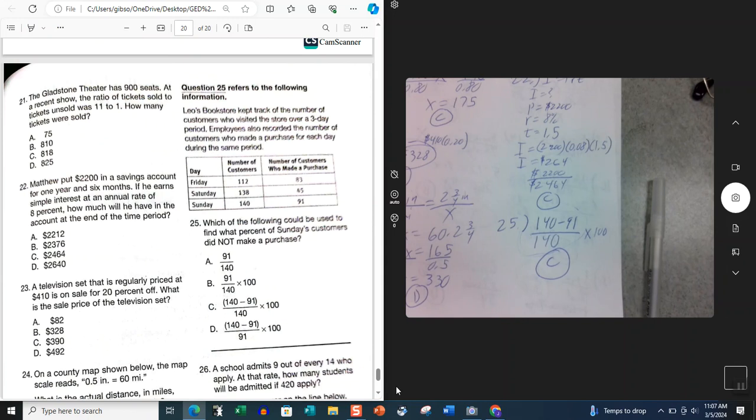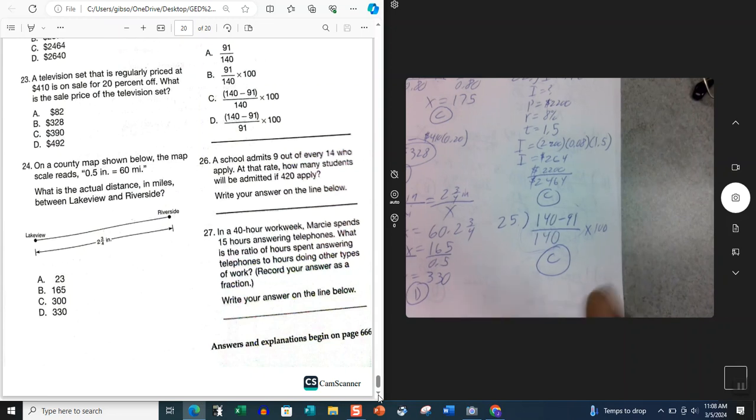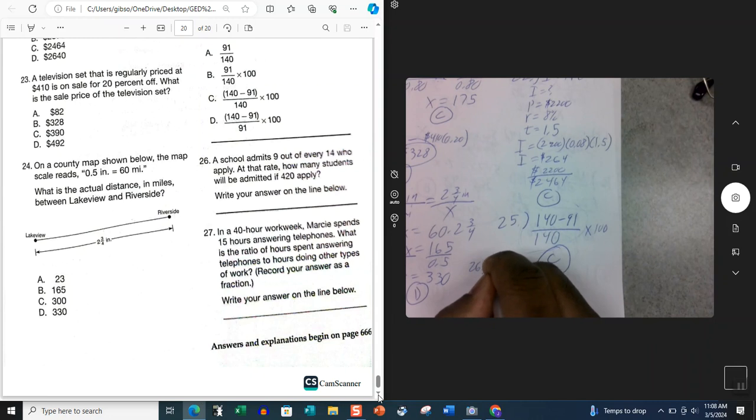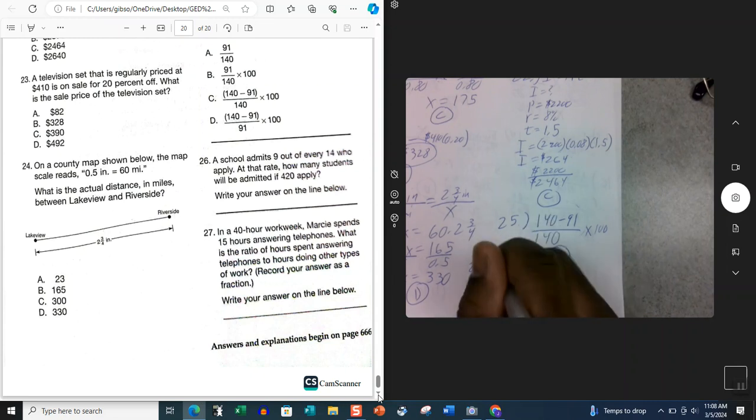All right, now we come to problem 26. A school admits 9 out of every 14 who apply. At this rate, how many students will be admitted if 420 apply? Okay, so now with 26, we have our proportion. It's 9 out of every 14. 9 is who got accepted, and 14 is the total amount that applied.